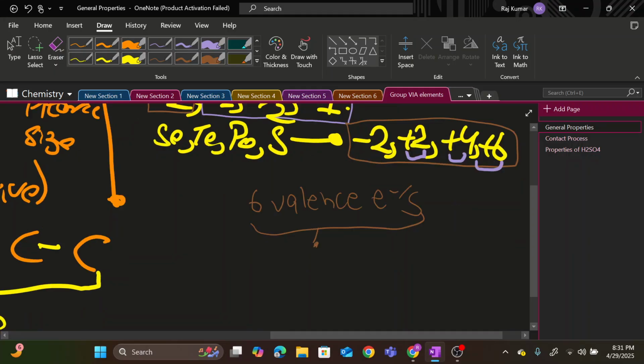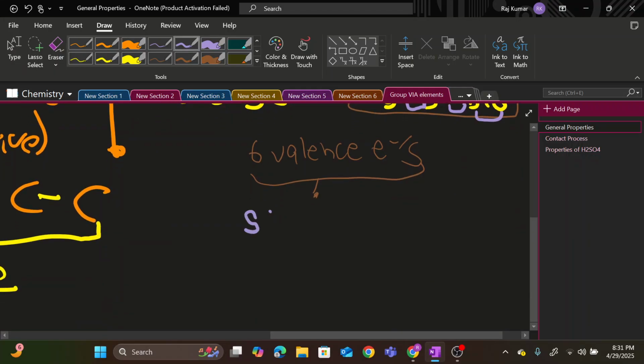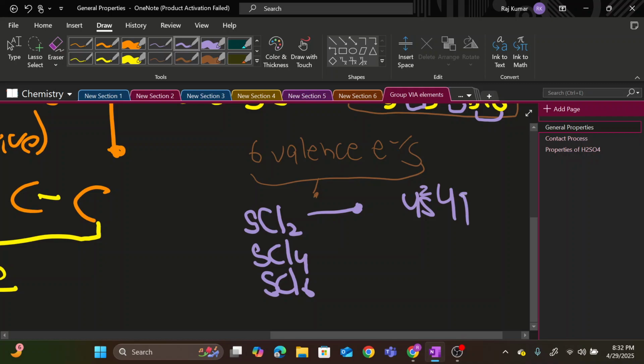For example, if we take sulfur, sulfur can form bonds with chlorine. It can form SCl2, SCl4 and SCl6. If we talk about SCl2, sulfur has its valence electrons as 4s2, 4p4.